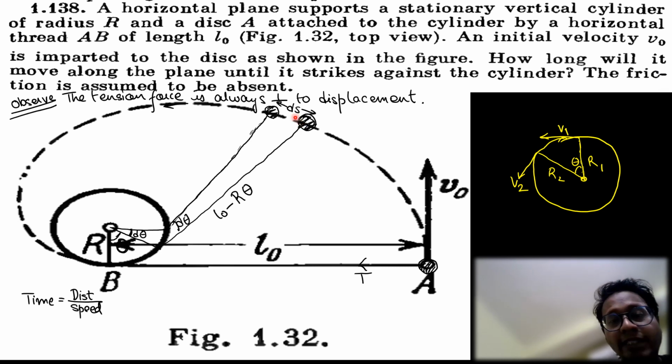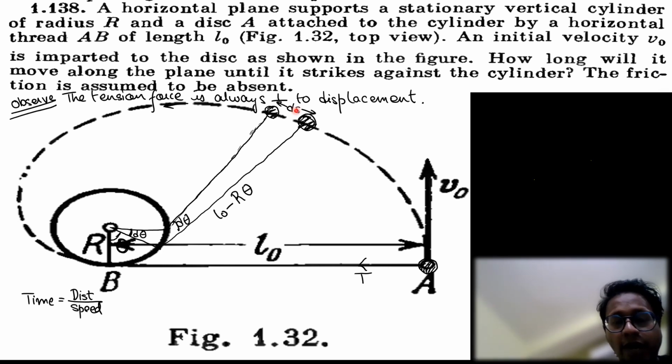The same concept is applied out here. If this angle is theta, the angle between this vector and this vector is also theta. Now how do I write the relation between ds, this length, and theta?